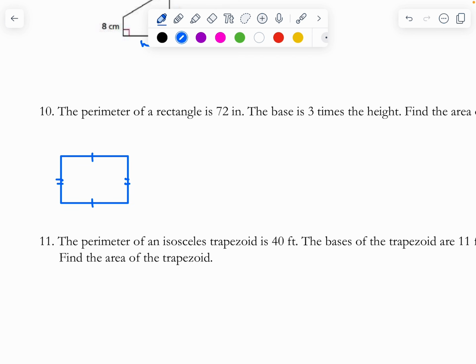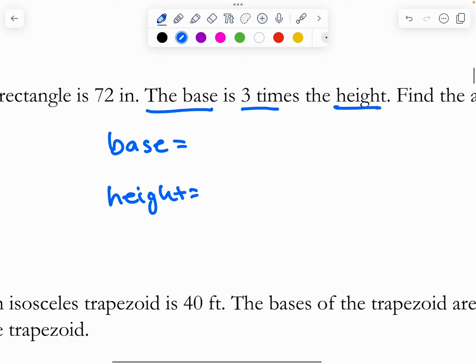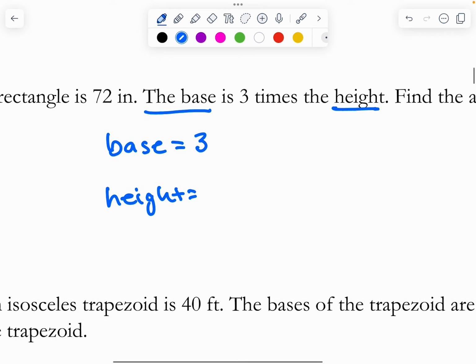So here they're talking about the base and they're talking about height. So I'm going to tell myself, hey, I need an equation for base and I need an equation for height. What would they be? Well, remember, base is 3 times my height. I need a variable for height, right? So let's just say that height is h.